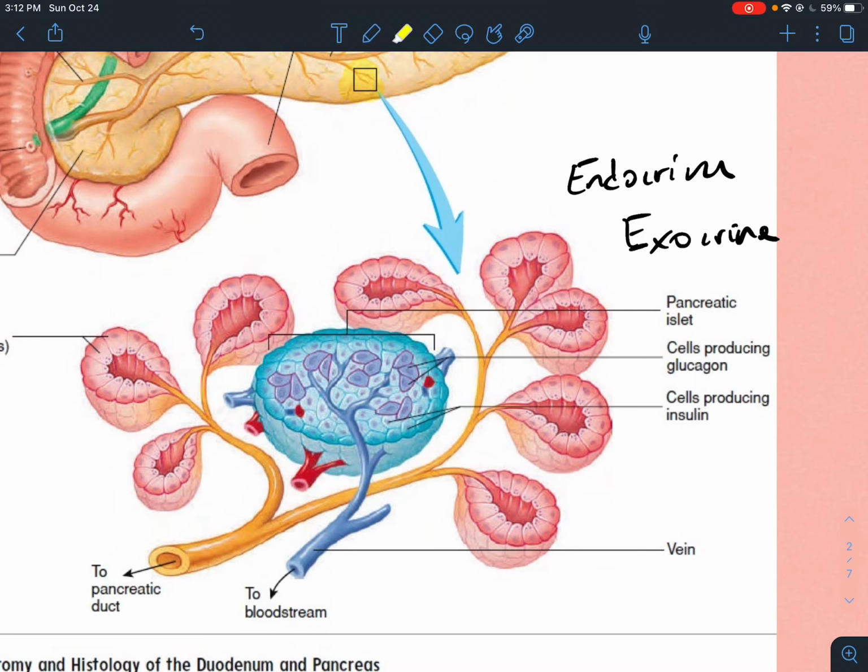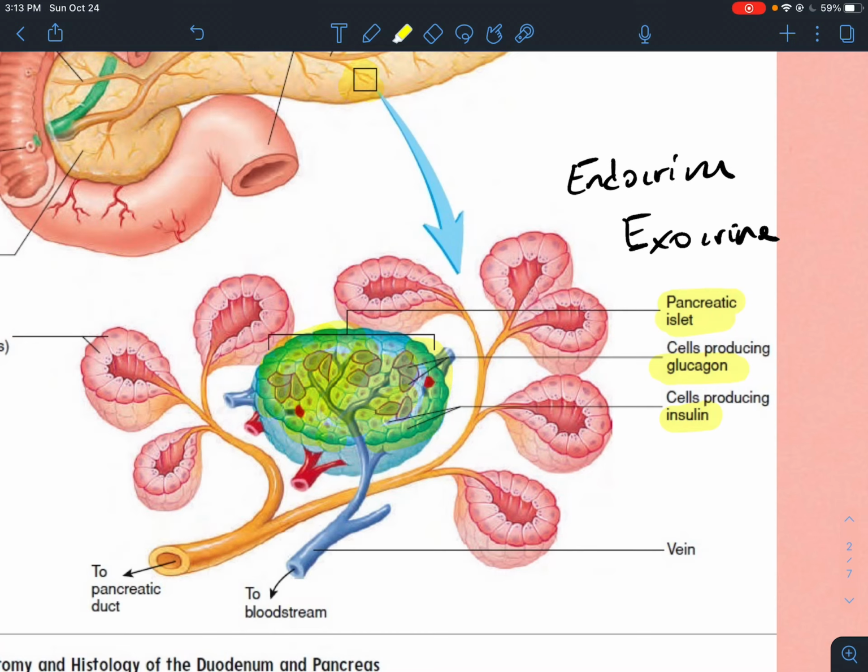The endocrine portion is known as the islet of Langerhans, or the pancreatic islet, which is being depicted here in this light blue. That's where you will find cells that make insulin, as well as its counterpart glucagon, and that, of course, is for blood sugar levels and the homeostasis of blood sugar levels.